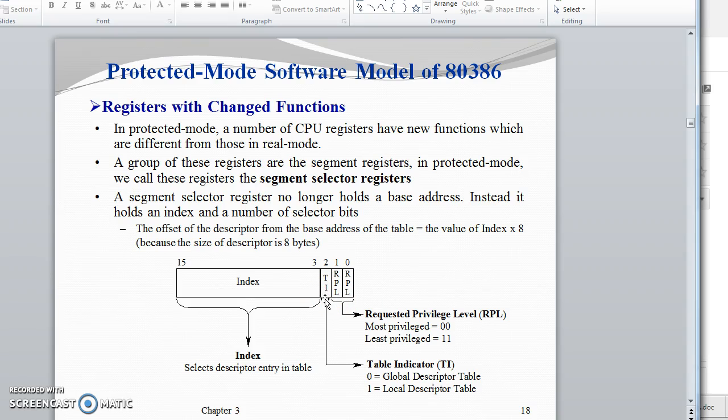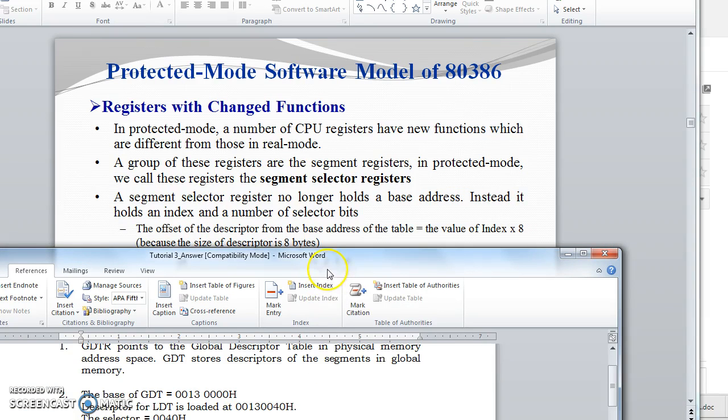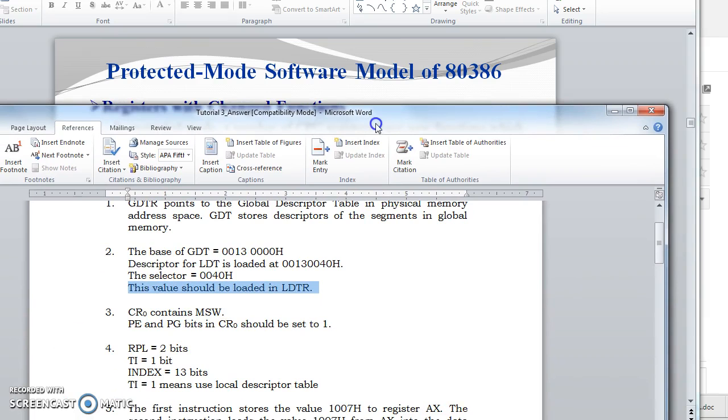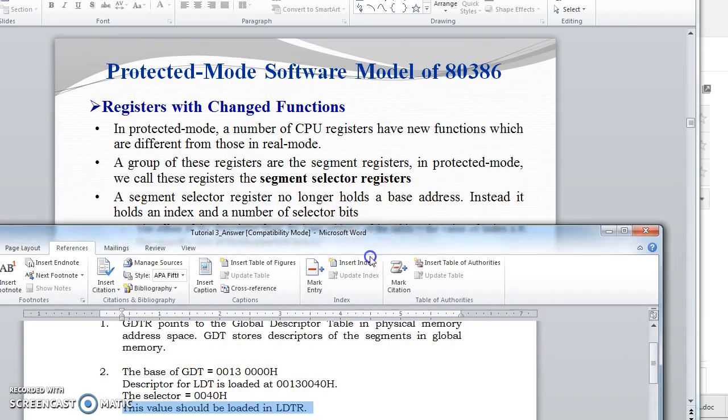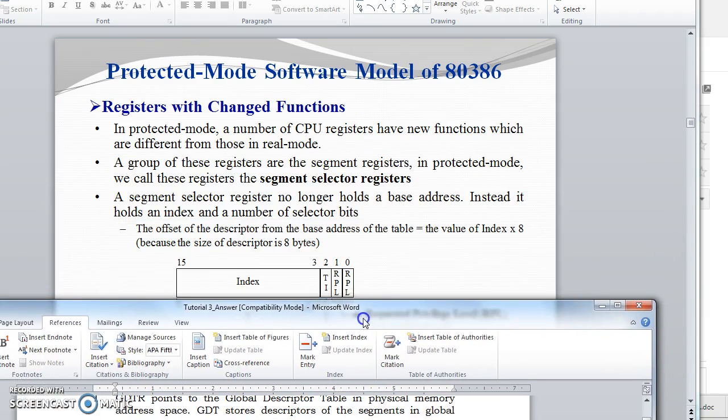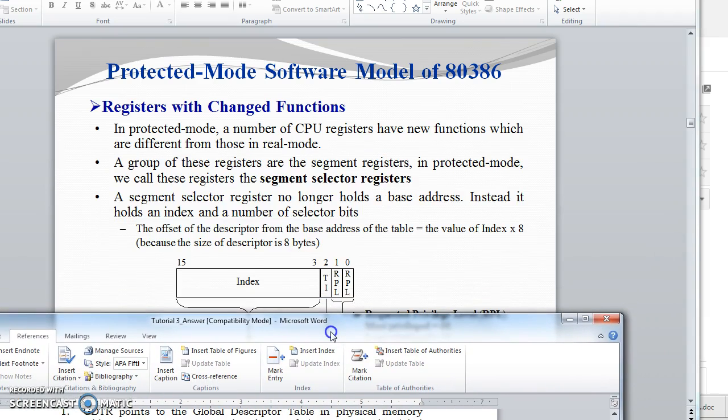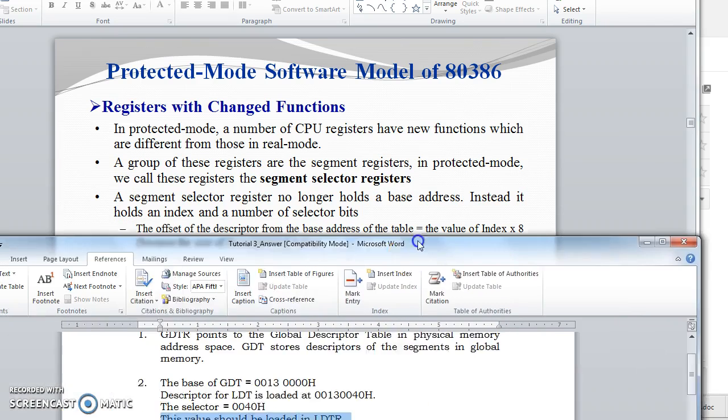Table indicator TI is 1 bit, and then the index is the rest of it, which is 13 bits. So index 13 bits, TI 1 bit, RPL 2 bits.